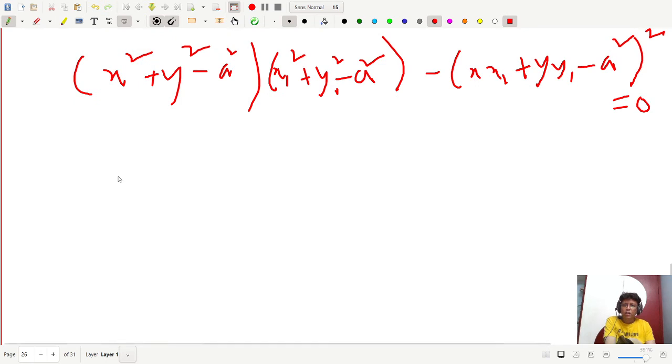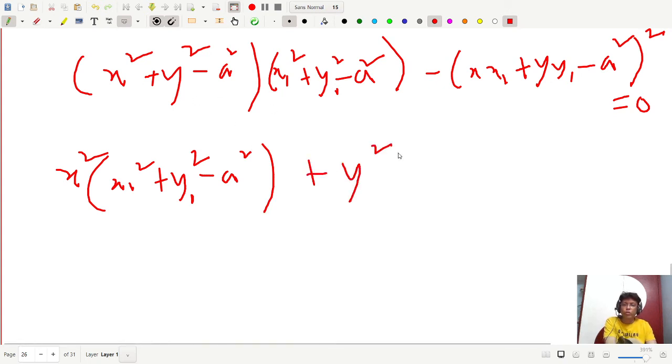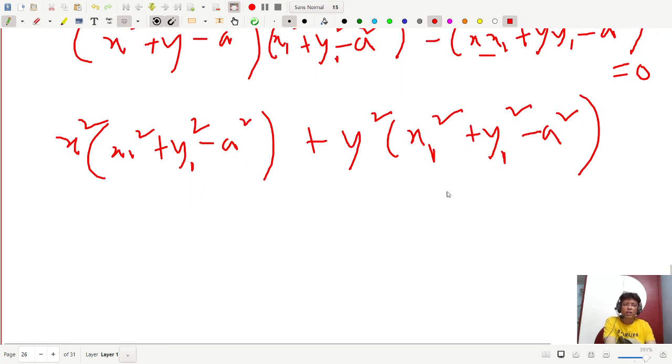If you simplify, I'm just considering the coefficient of x squared and y squared. The coefficient of x squared is x1 squared plus y1 squared minus a squared, and y squared also has coefficient x1 squared plus y1 squared minus a squared. And there is one more coefficient, minus x1 squared for x squared, and minus y1 squared for y squared.